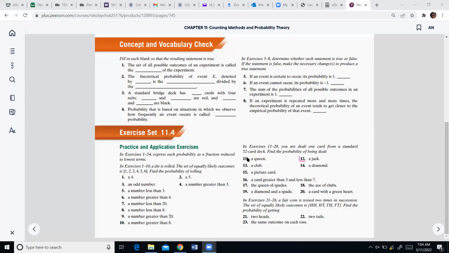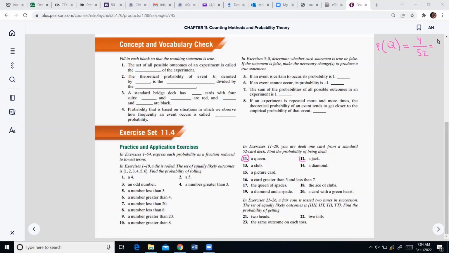So exercise number 11 was for a quiz. The question was, what's the probability to get a queen? Well, to get a queen out of a deck of 52 cards, we had 4 queens, if that's a fair deck.